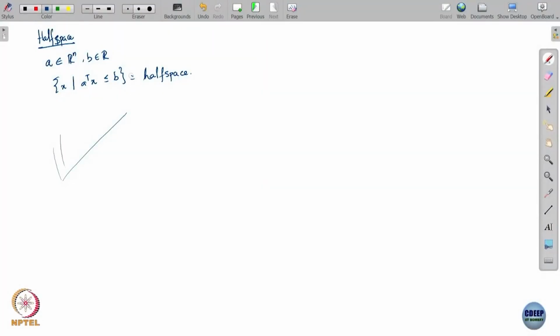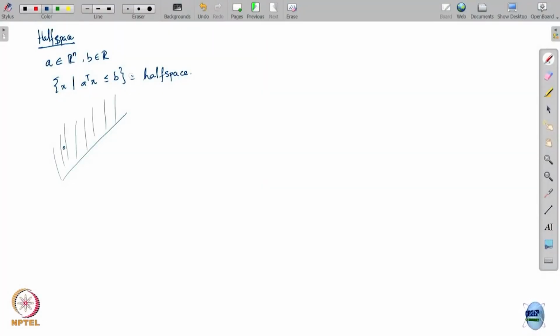So, is a hyperplane a convex set? Yes. Is a half space a convex set? Yes. It's this hyperplane and all of this, right.